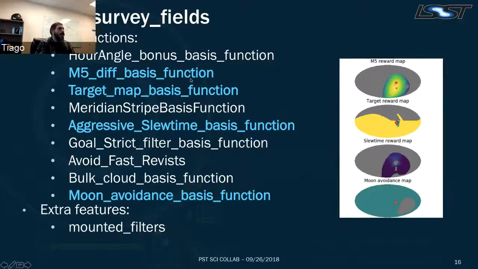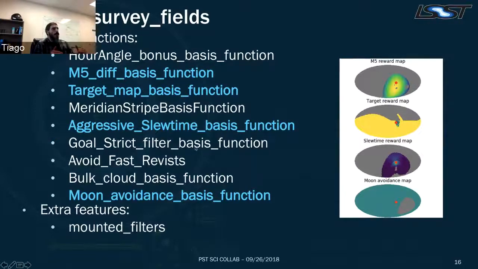Some of the basis functions that are not shown here: the hour angle basis function basically tries to observe close to the meridian using the hour angle bonus. There is a meridian basis function, which is basically a mask around the meridian. And we have a basis function to take care of filter changes, the goal restricted filter basis function.